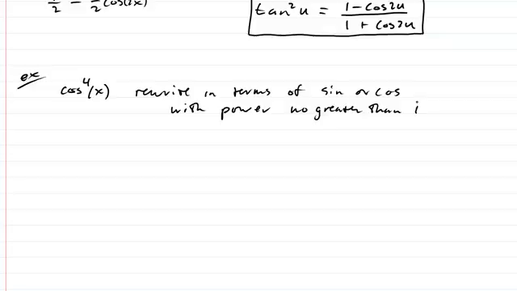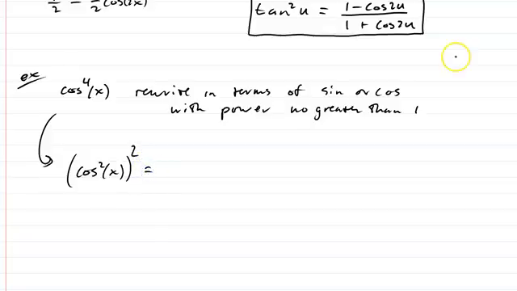Okay, what that means is I want to rewrite this using trig identities, but I don't want to have any more powers. I want to just have sines or cosines, and double angles are okay. So first thing I would do is rewrite cosine to the 4th as cosine squared of x, squared.